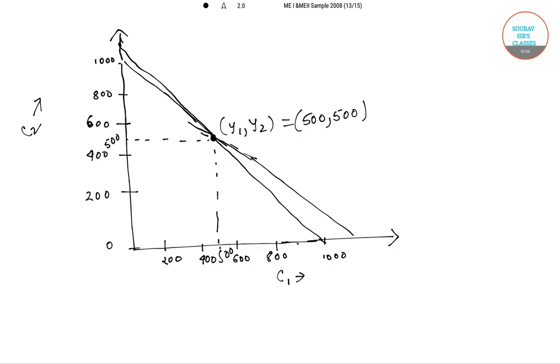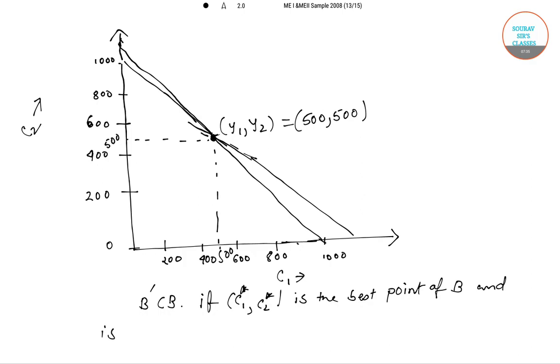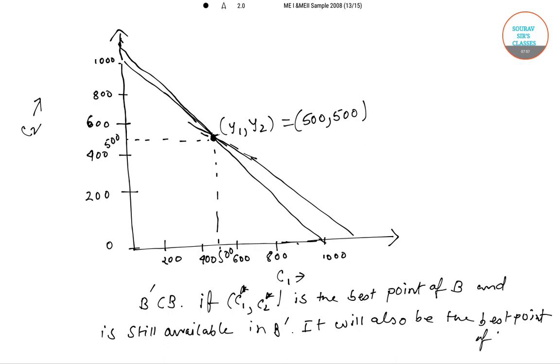Now we have to note one thing: B dash is basically a subset of B. If C1 star, C2 star, which is the point here, is the best point of capital B, and it's still available in B dash, then it will also be the best point of B dash.